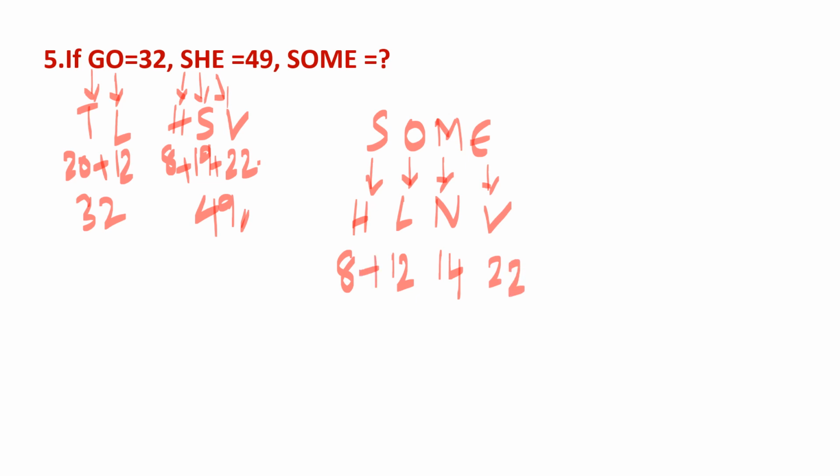So add all these: 22 plus 8 is 30, 30 plus 14 is 44, 44 plus 12 is 56. The answer is 56.